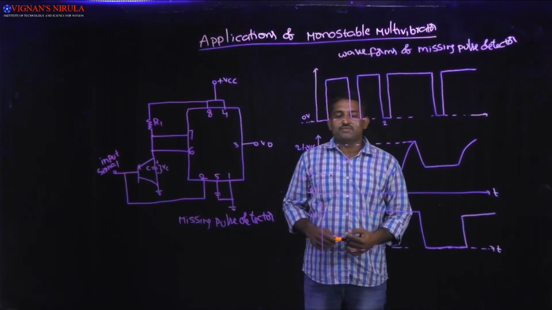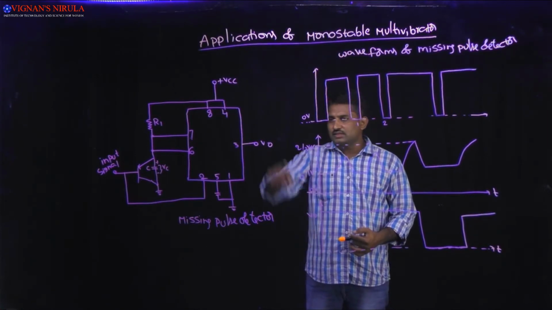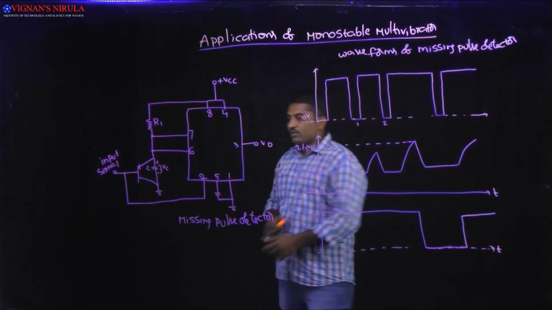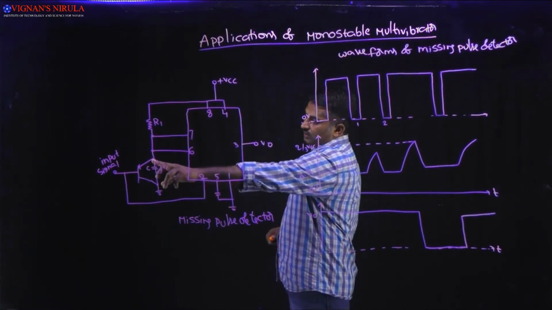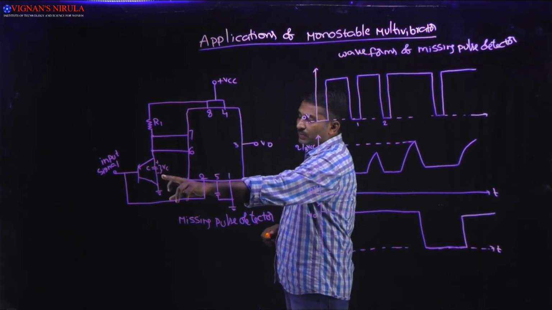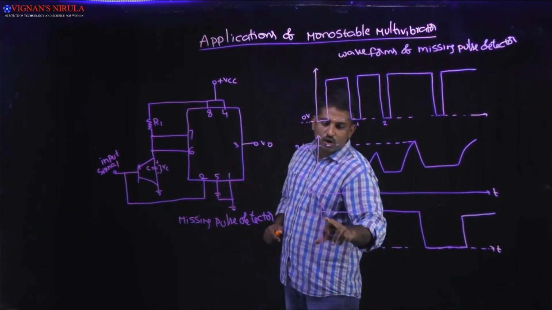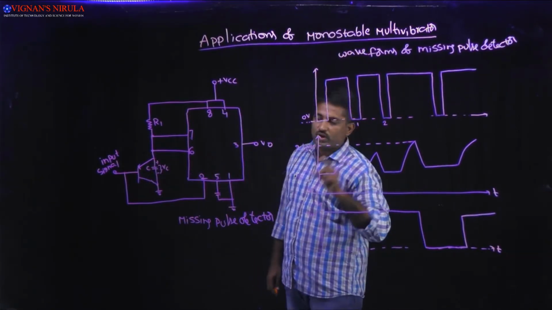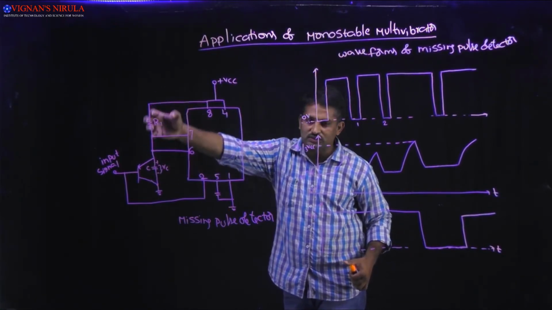Another application of the monostable multivibrator is the missing pulse detector. This circuit represents the missing pulse detector. Here, when the input signal is at ground level, the emitter diode of the transistor is forward biased, which clamps the capacitor voltage to 0.7 volts, and it forces the output to a high level state. Whenever the input signal is equal to 1, the transistor T is cut off and the capacitor starts charging.